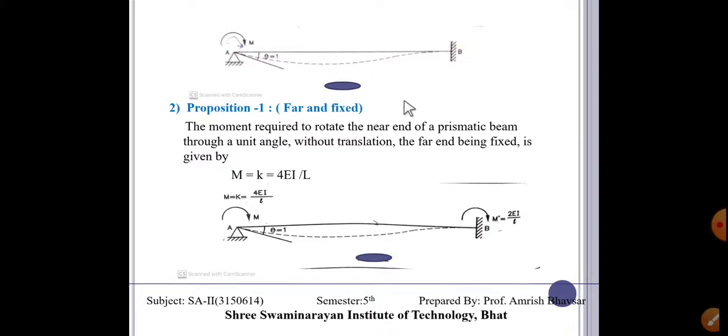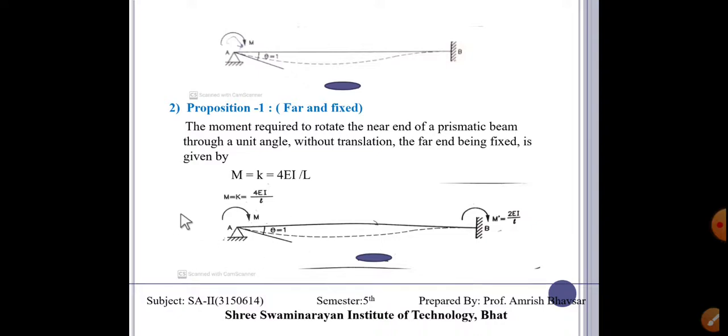Now here you can see this is our beam and this is our point A. Here we will discuss this moment. Proposition one: far end fixed.